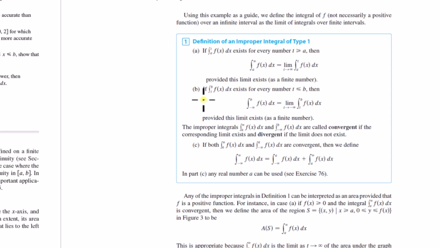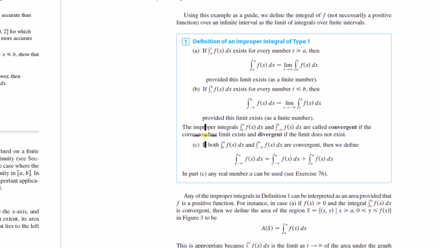Okay, but you can go in the opposite direction. If the integral from t to b of f(x) dx exists for every number t less than or equal to b, then you can think about the integral from negative infinity to b of f(x) dx, and you just say the limit as t approaches negative infinity of the integral from t to b of f(x) dx, if the limit exists.